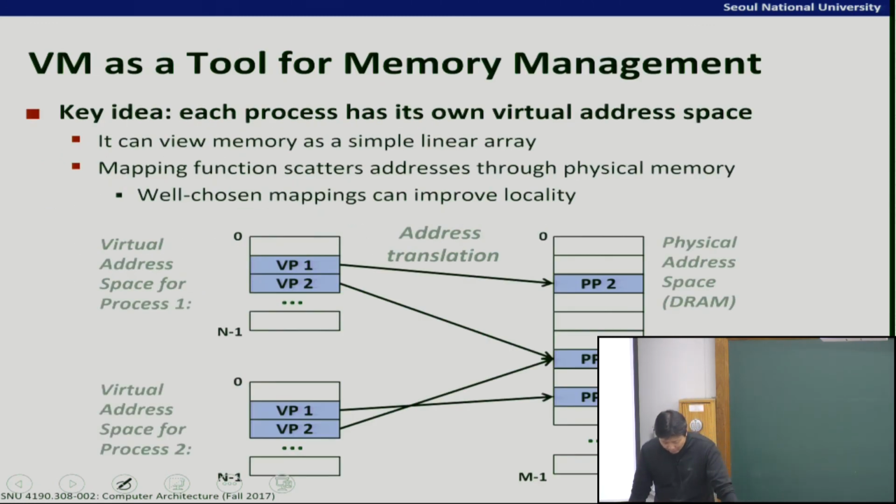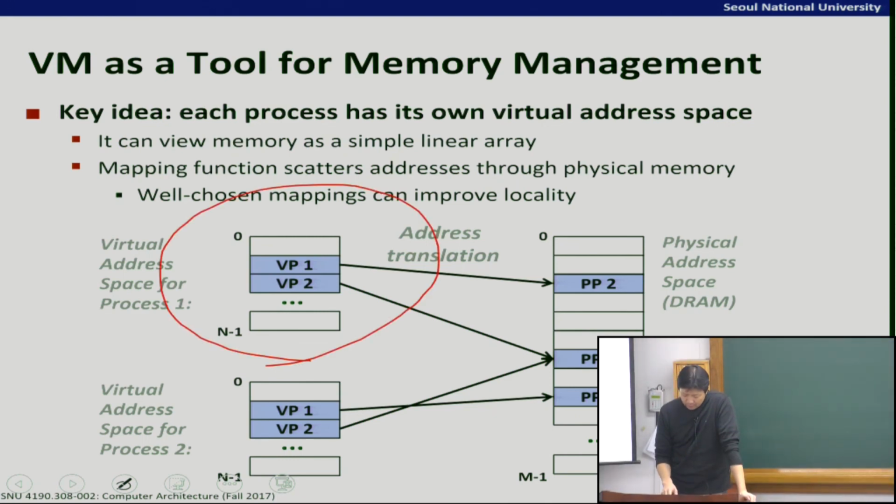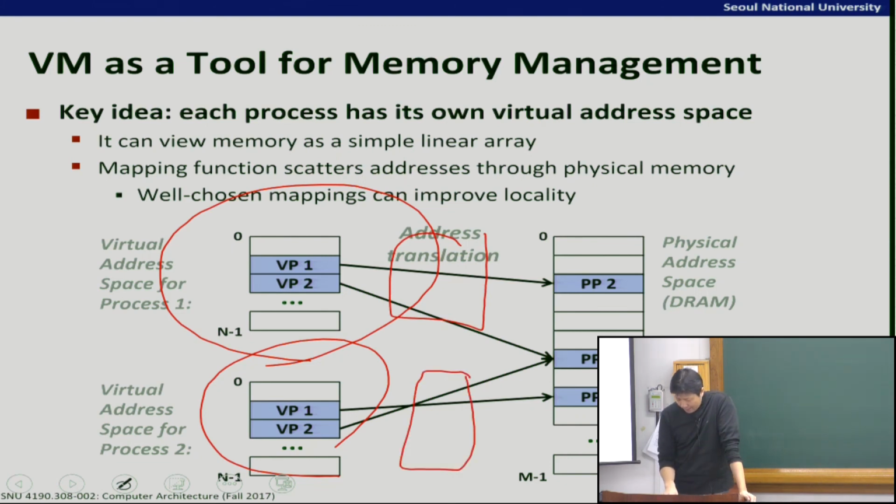Let's say now we have two programs running at the same time, two processes: a virtual address space for process 1 and a virtual address space for process 2. These two programs are running at the same time, sharing the memory. You can view memory as a simple linear array, and there's a mapping function: a page table for each process. There's a mapping from virtual page to physical page.